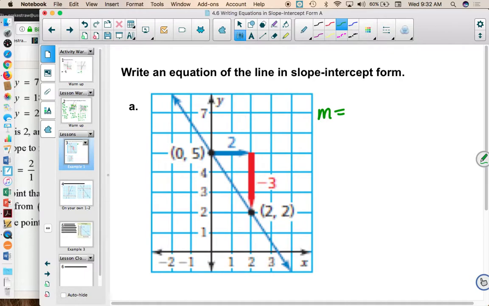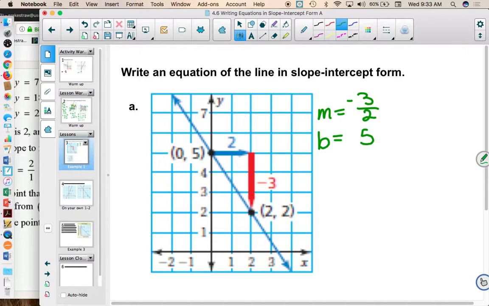And how much is it changing on the x? 2. And is it a positive or negative slope? Negative. Good. What's the y-intercept in this one, Grace? Look right here. 5. Good.